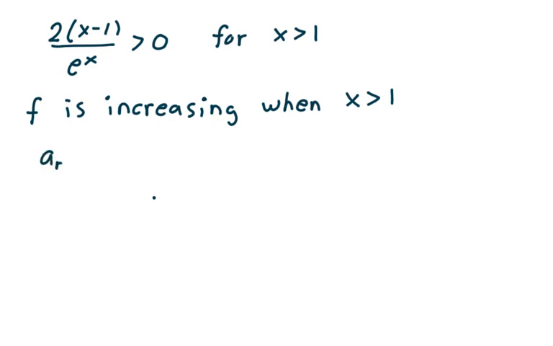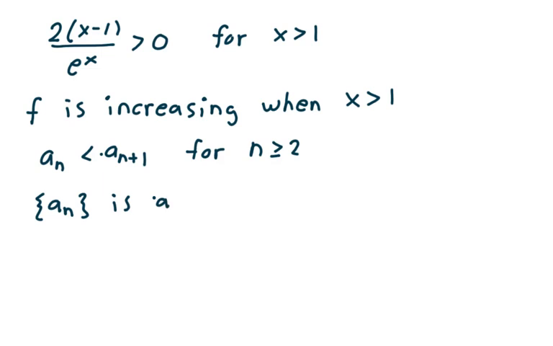That says a sub n is less than a sub n plus 1, right? And that's going to be for n bigger than or equal to 2. And that's okay. And so that says a sub n is an increasing sequence. It doesn't always have to start at 1, okay?